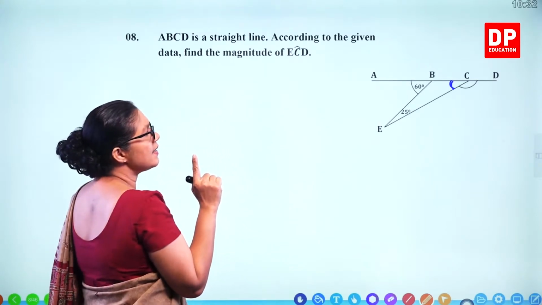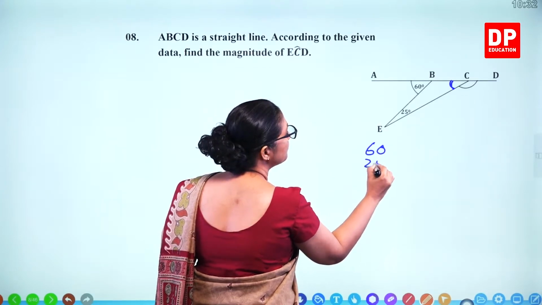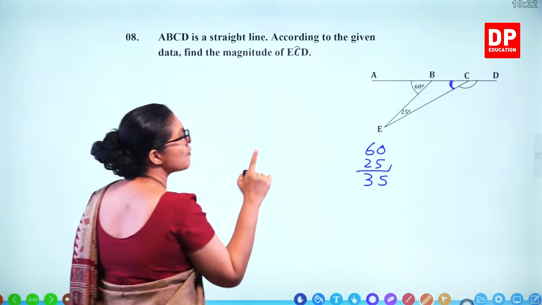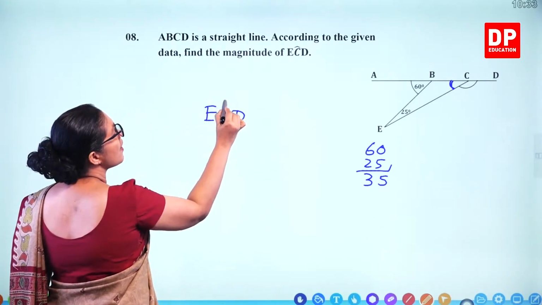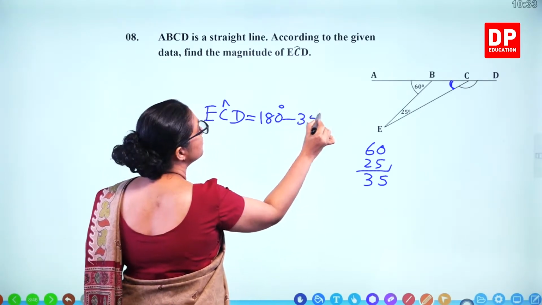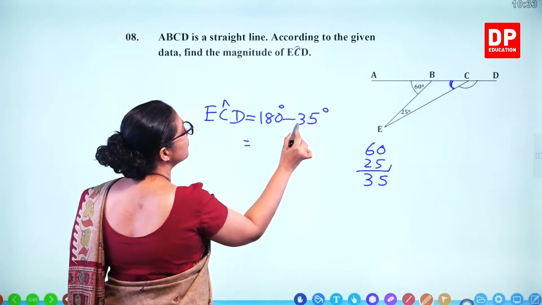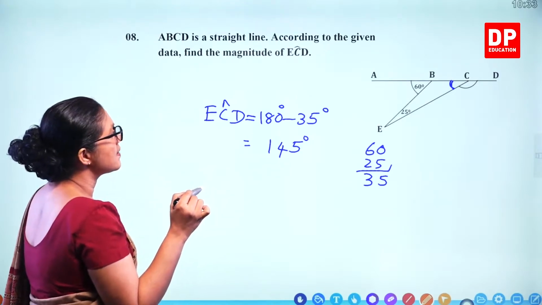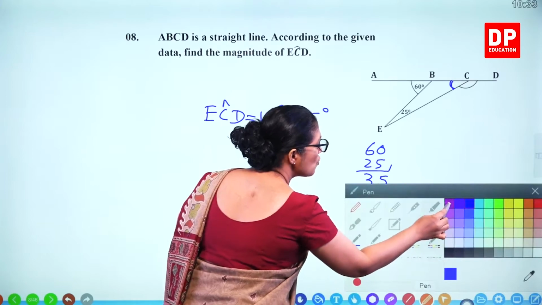So what is that angle? 60 minus 25, 35. So what is ECD? 180 minus 35, 145 degrees. That's the angle. So you get 2 marks for that.